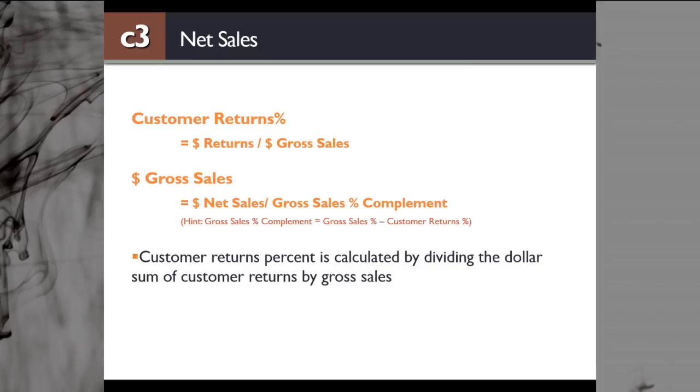Your customer returns may be like 5%, in that case, it will be 100 minus 5%, so your gross sales percentage complement is going to be 95%. So you will put the dollar amount of the net sales and divide it by the gross sales percentage complement. So now you know how you can calculate the gross sales backward, and also how to calculate the customer return percentage.